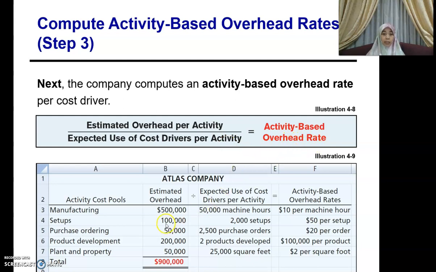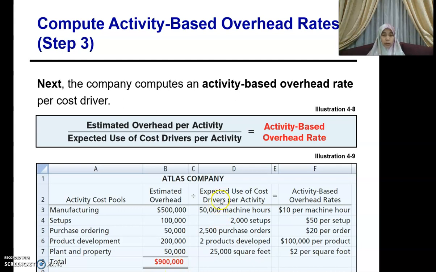In this case, how much is the total overhead that you have identified for that particular activity? You remember we have altogether 900,000 from step 1. In step 1, we identified all the 5 activities and all the costs that you incur for each of these activities. Remember? So the total that you have is 900,000.